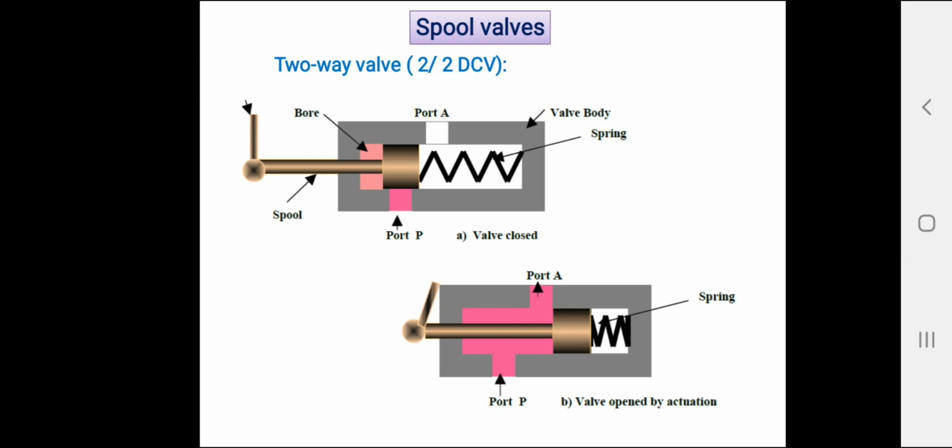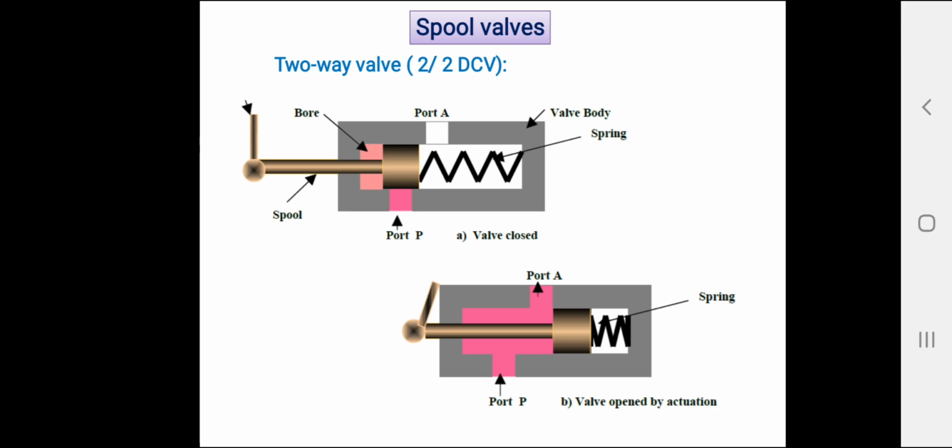Hence the flow from P to A is blocked. When actuated, meaning presence of hand force, when you apply the force, the valve is open and the flow from P to A takes place. So when actuated, in presence of hand force, the valve is open, thereby connecting P to A.